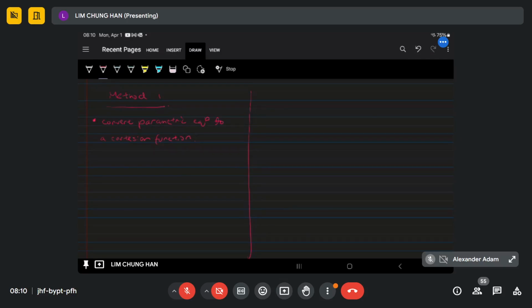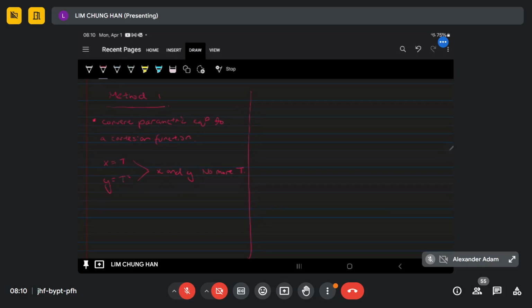So what that means is, your x equals to t, your y equals to t squared. You combine these two so that you only end up with x and y and no more t.